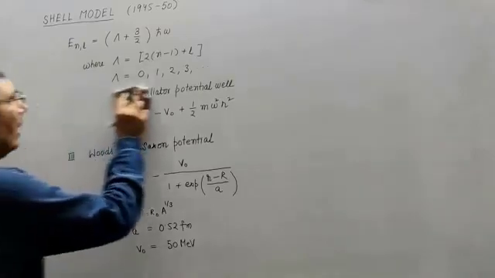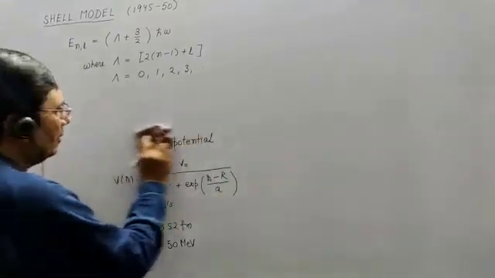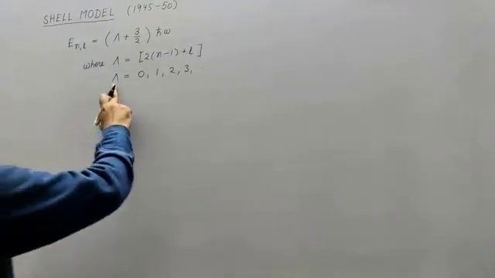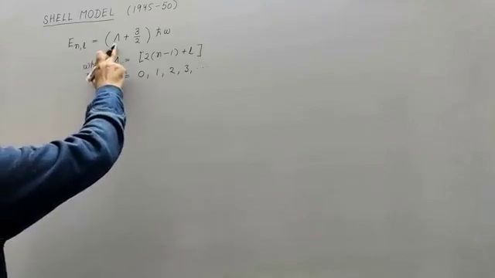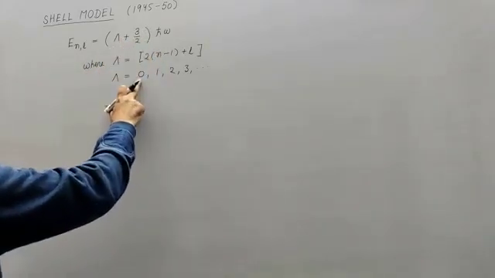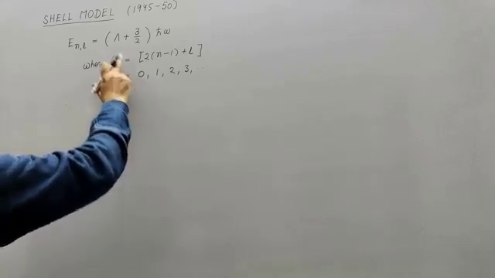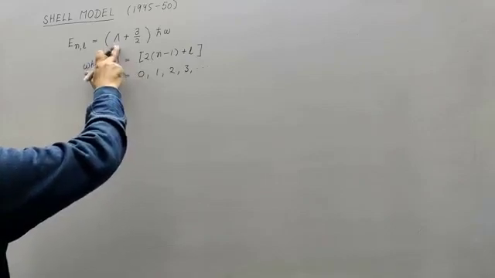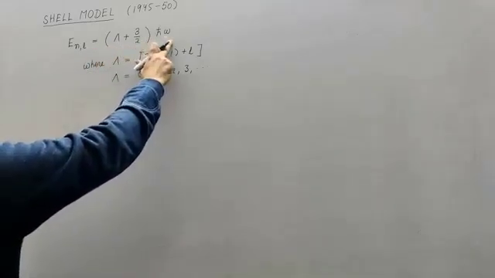So from this, how can we create different energy levels? I am going to discuss that with you. The energy eigenvalues are lambda plus 3 by 2 h cross omega. First, I can substitute lambda equal to 0. Then the energy of the lowest energy level will be equal to 3 by 2 h cross omega.